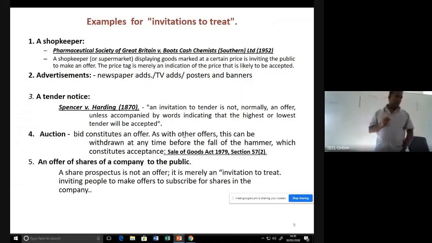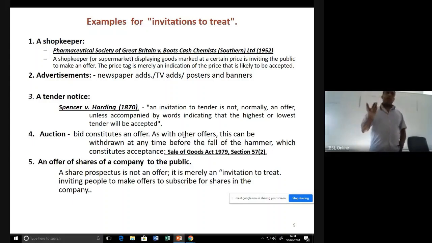The third one, tender notice. Right? You may have seen the tender notice published in gazettes and newspapers, right? So those tender notices are not offers. The government or the institution is now requesting offers from the public.